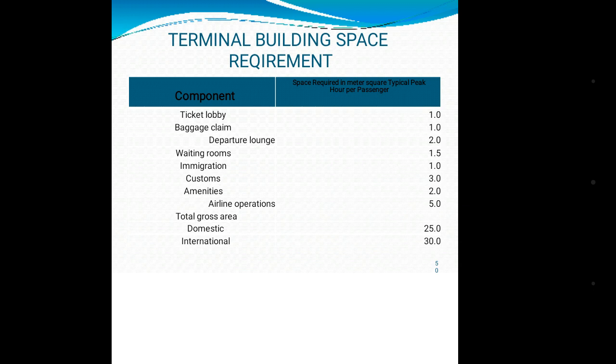Waiting rooms we require 1.5 meter square area per passenger. Then immigration we require 1 meter square per passenger. For customs, 3 meter square. For amenities, 2 meter square. So this particular table gives us the space requirement for the terminal buildings, calculated in meter square per passenger in a typical peak hour.